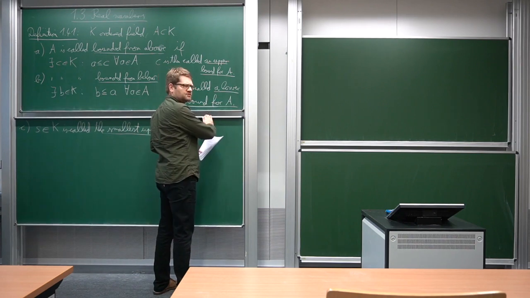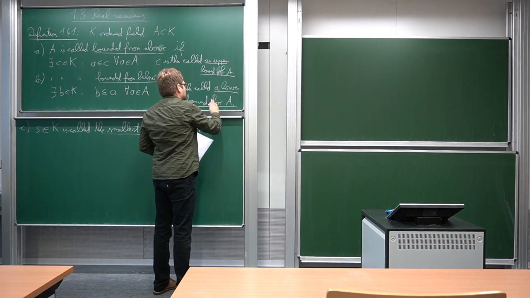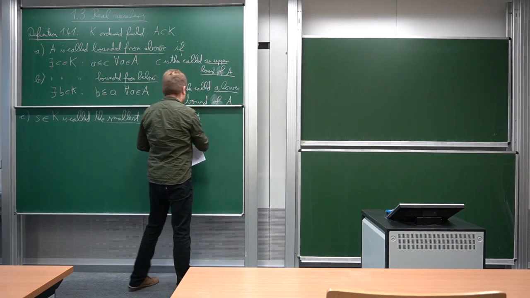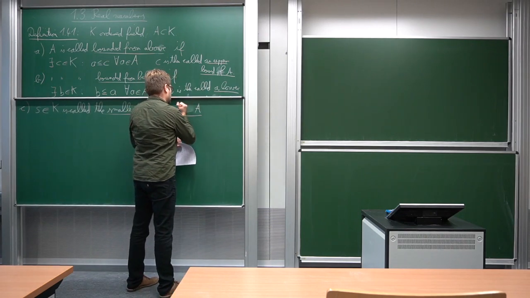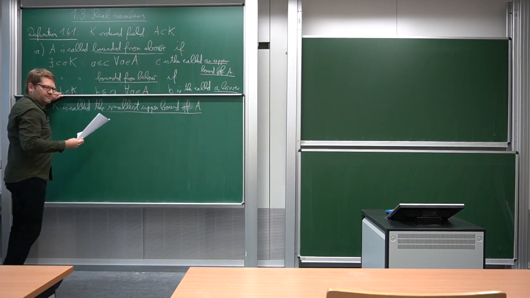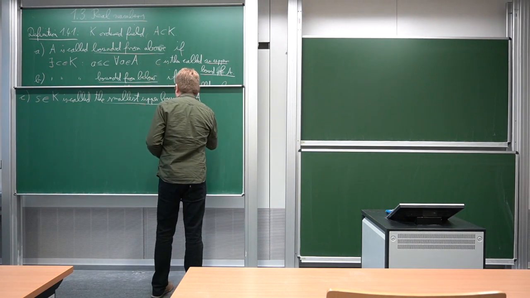Something was not sounding right. Bound of A would be the correct English. I'm sorry about that. And the same here. To satisfy all the grammar freaks in the audience, I'm sorry about that. So it's the smallest upper bound of A.